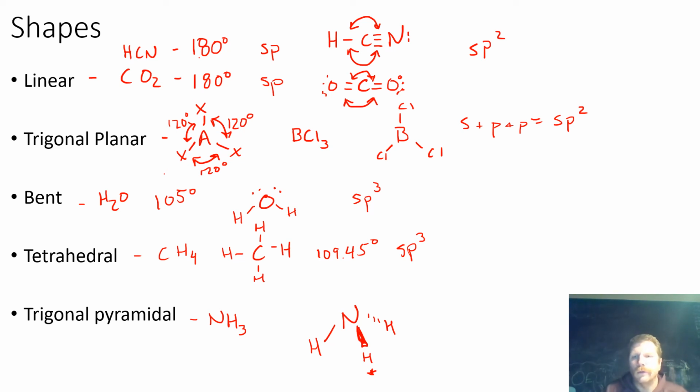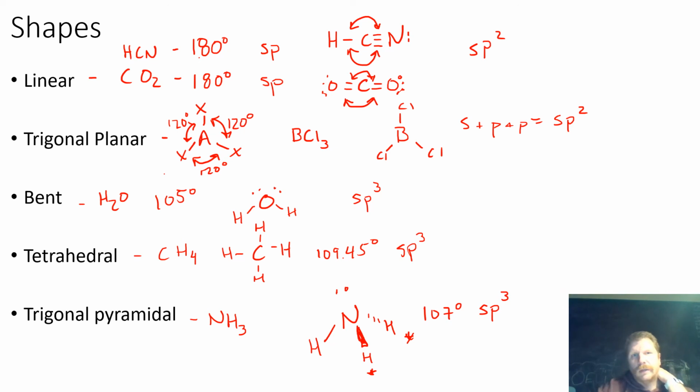And this other hydrogen, denoted by the other star, is going behind you. So we have a bit of a pyramid here. We've got our lone pair of electrons that is dictating that as well. This has a bond angle of 107 degrees, and this is also an sp3 hybridized molecule.